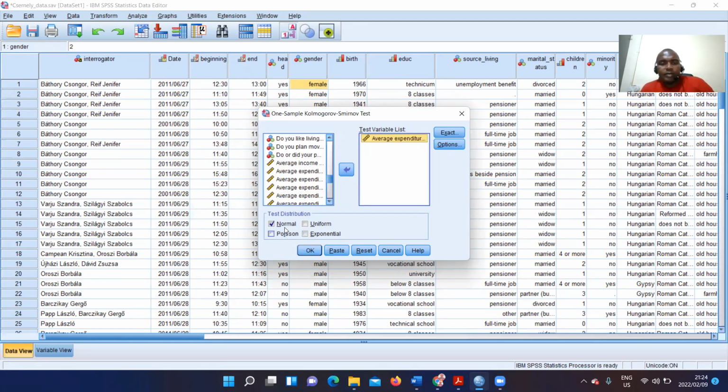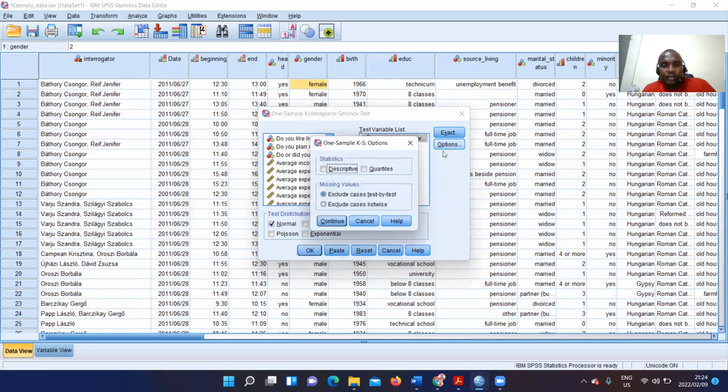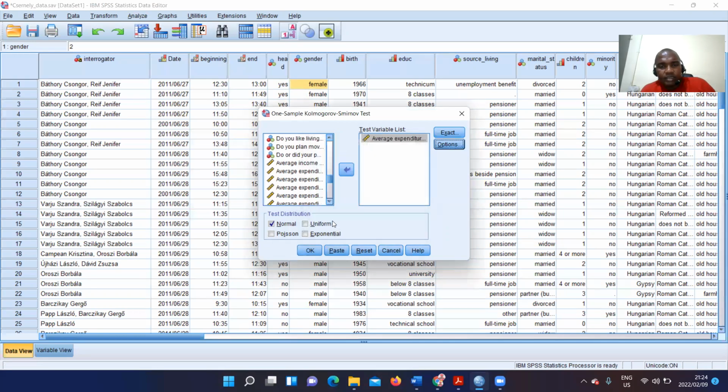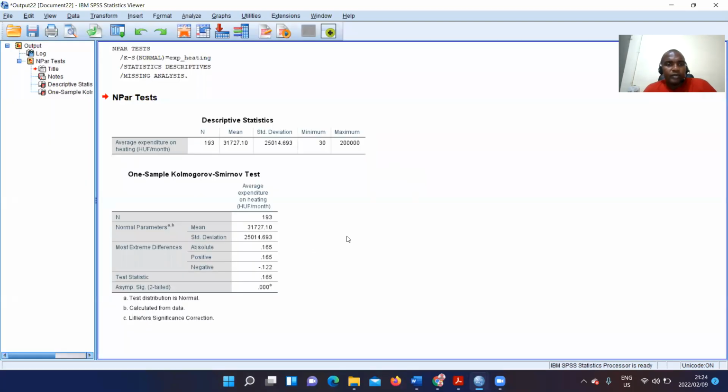Maybe I will just do it for the two distributions, the normal and the uniform distribution, for this average expenditure. We check the options. You can also calculate descriptive statistics if you are interested in those. And then we click OK. If you check, you realize that we have got descriptive statistics, which I clicked when I had finished my narration of the hypothesis test.